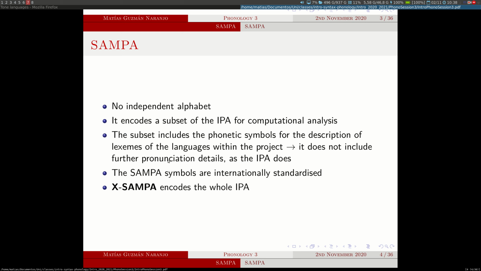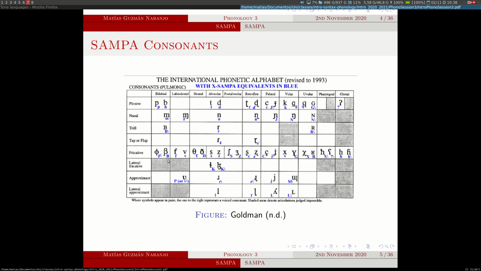It is not an independent alphabet and encodes IPA for computational analysis. This is an example of Xampa. You see all the consonants in IPA are covered, and it basically uses Latin letters, numbers, and some additional symbols to encode the IPA.